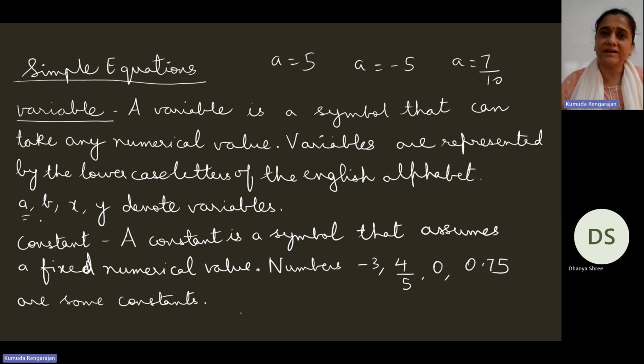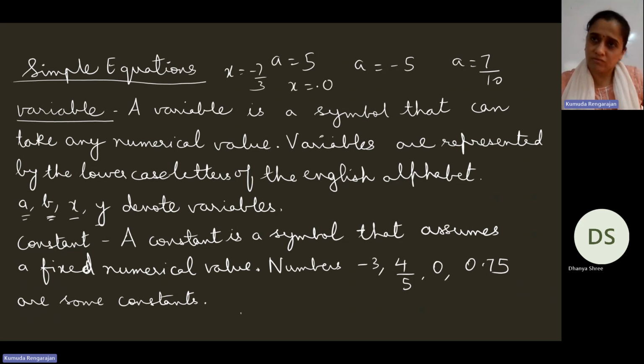The variable a can take on any numerical value. The variable b can take on any numerical value. So x and y can take any numerical value. x is equal to -7/3, fine. x is equal to 0, fine. So a variable is a symbol that can take any numerical value.